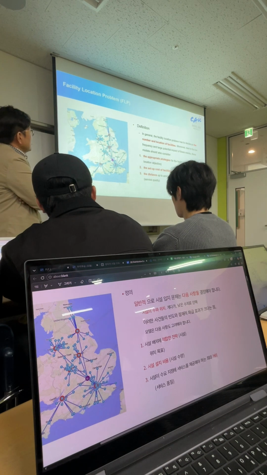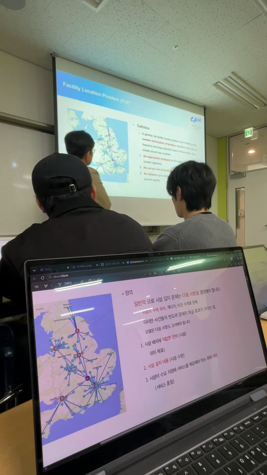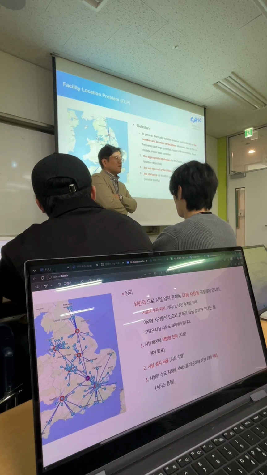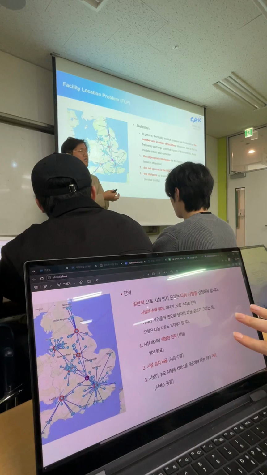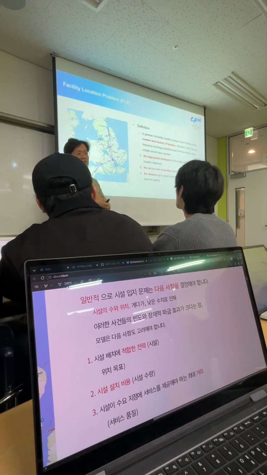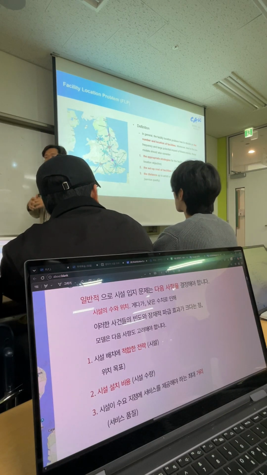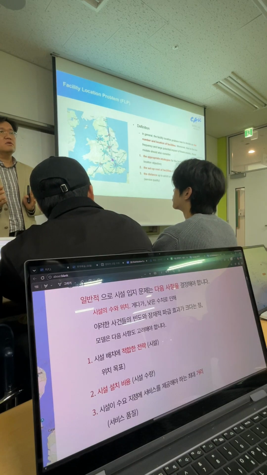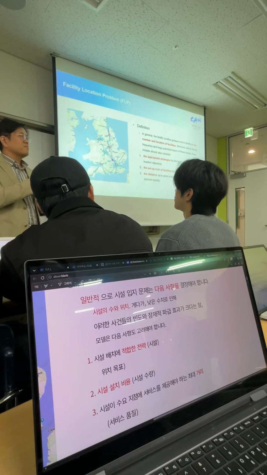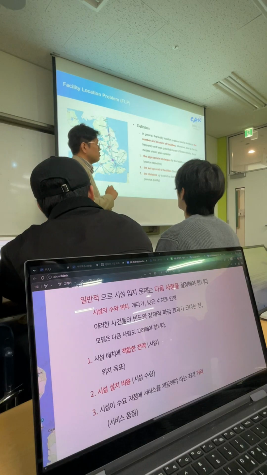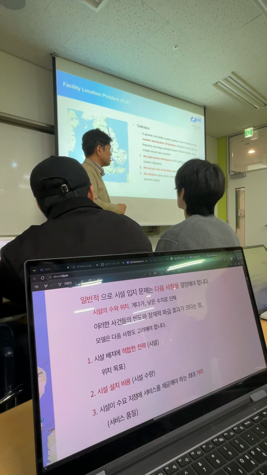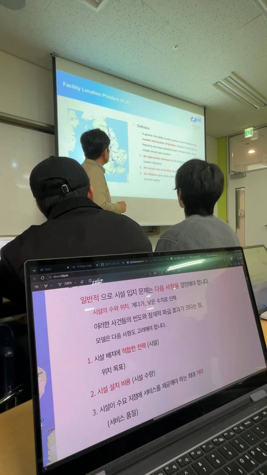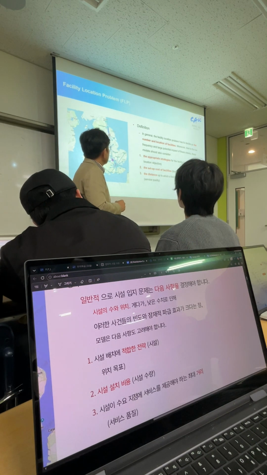Another thing is that it is not only the location but also the number. For example, how many facilities, how many warehouses do we need to serve our customers? Because opening a facility also costs a huge investment, isn't it? So reducing the number of facilities or warehouses would also be one of the optimization targets.